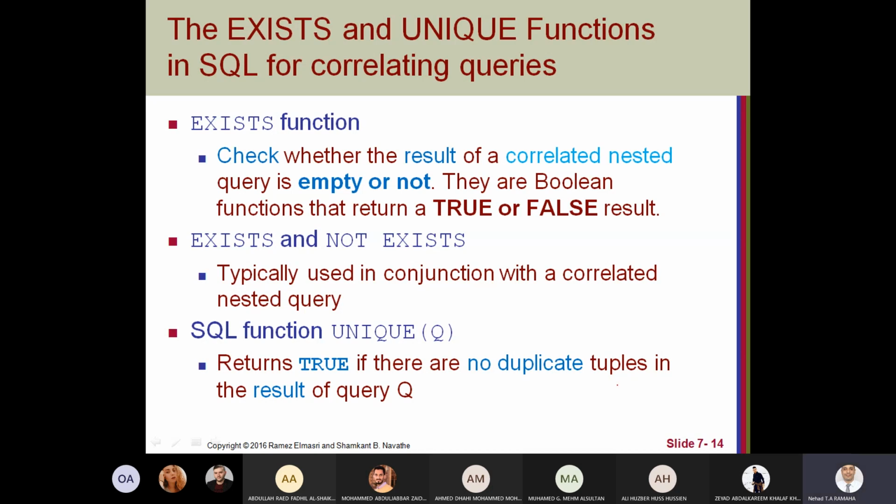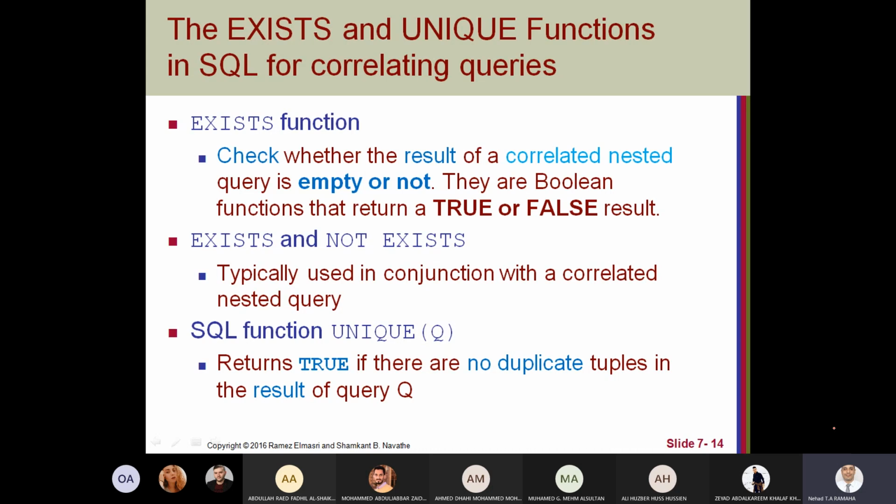NOT EXISTS is the opposite. This means if the nested query or subquery has values, then it will return false. The opposite: if it's empty, NOT EXISTS will return true.